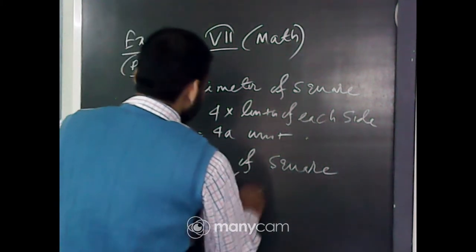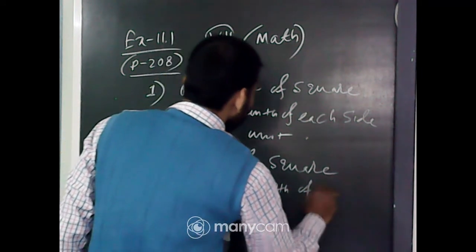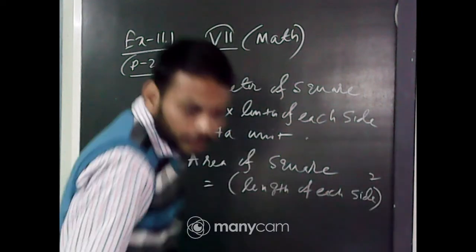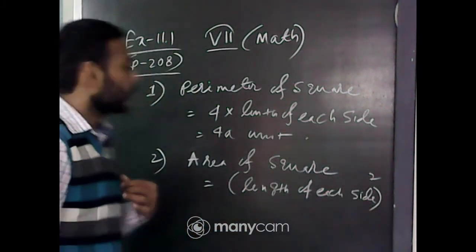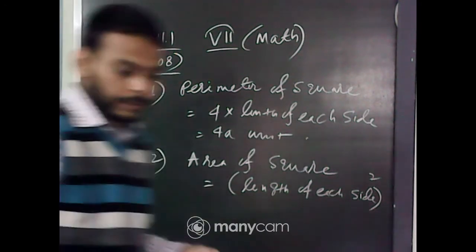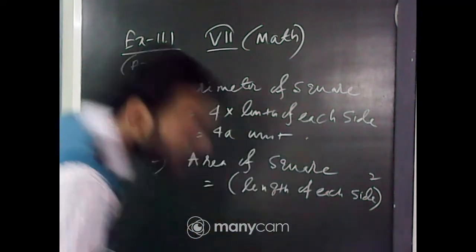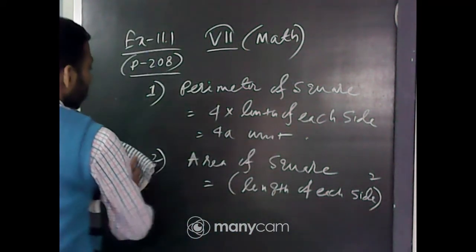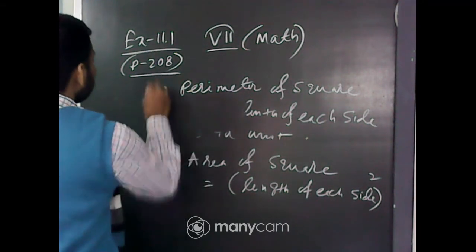That means length of each side square. Very good. What is your name? Anuruddha. Very good. Now I am erasing the board. Yes. Rik. Very good. A square. That means length of each side square. Now I am erasing the board for the third and fourth formula.